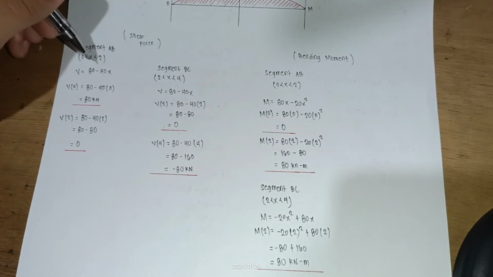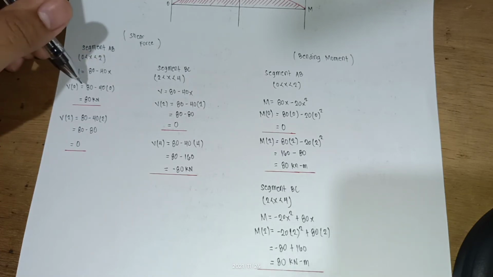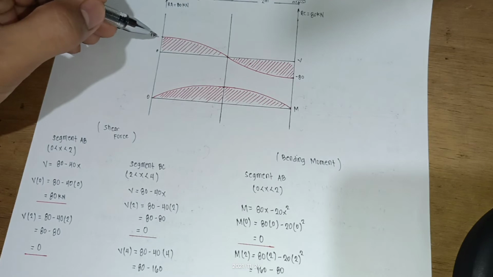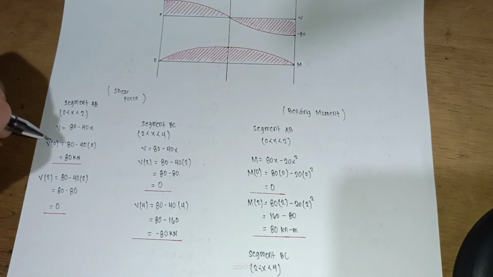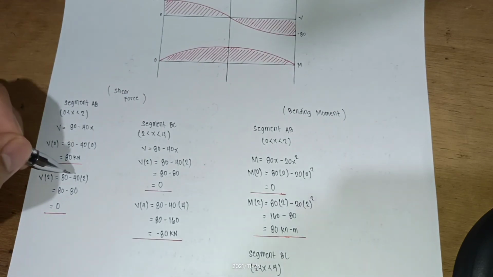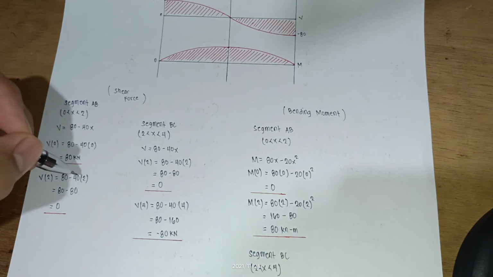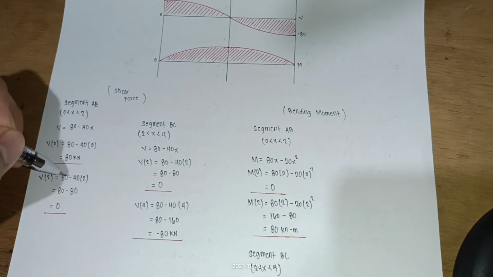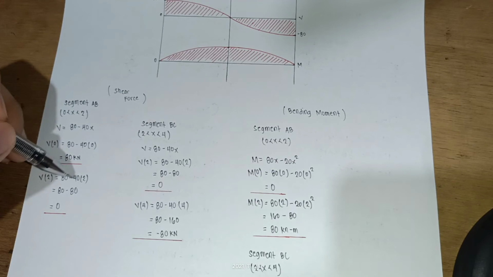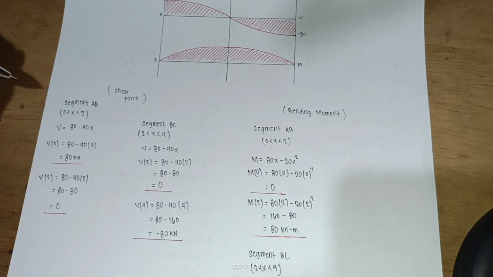So substituting x as 0, 80 minus 40 times 0, that would be 80 kilonewtons. So this is 80 kilonewtons. And then substituting x of 2, 80 minus 40 times 2, that would be 80 minus 80 is equal to 0.